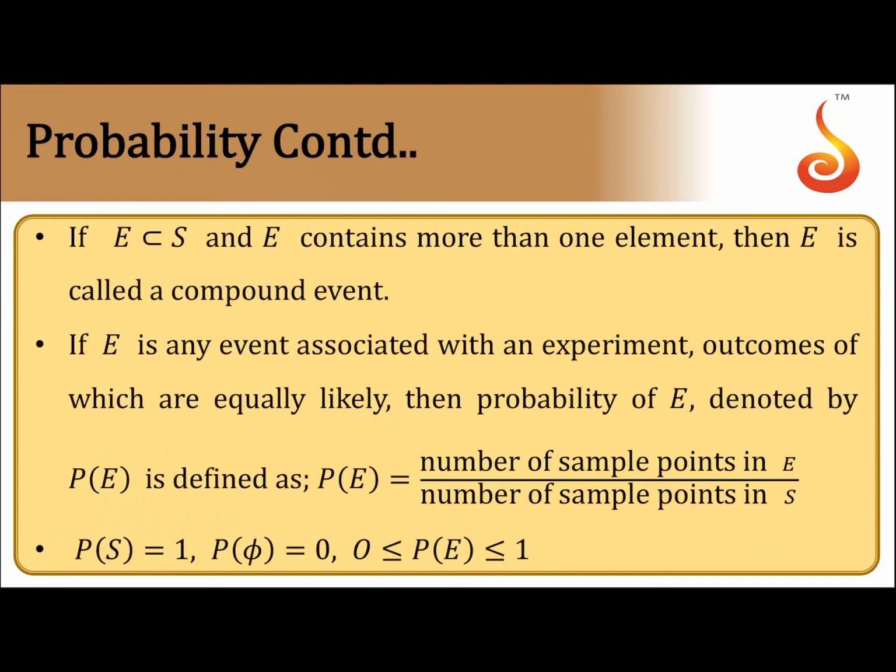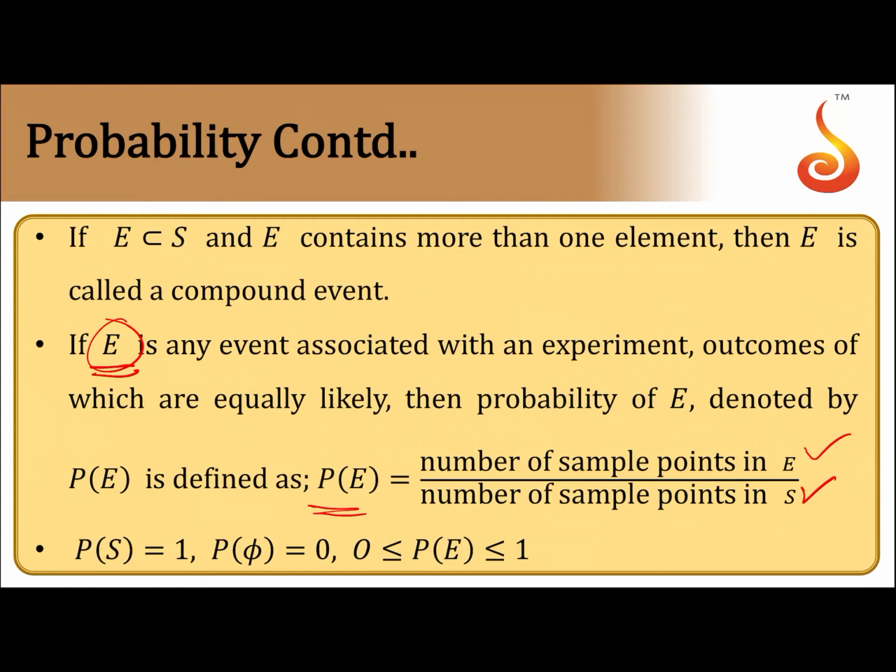Coming to the probability definition. Suppose E is an event of a sample space. Then the probability of that event is defined as the number of sample points in E divided by the total number of sample points.